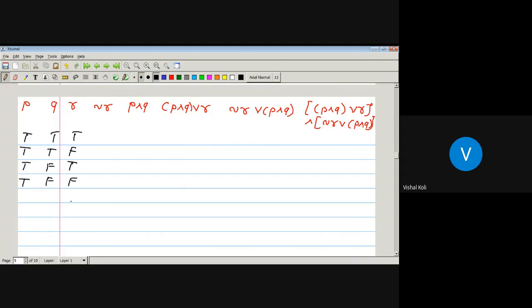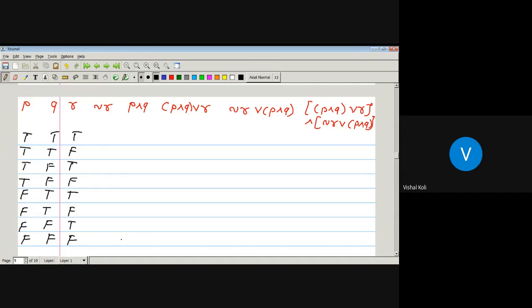Fifth possibility F, this T, this T. Sixth possibility this F, this T, this F. Seventh possibility this F, this F, this T, and last one this F, this F, this F. So these are the possible 8 combinations of given 3 statements.